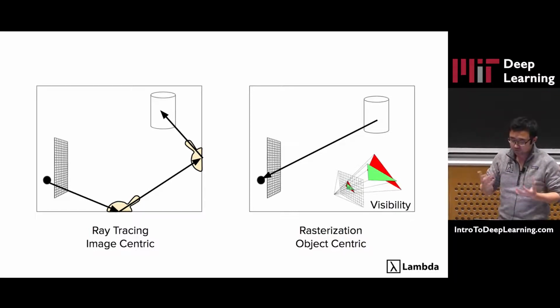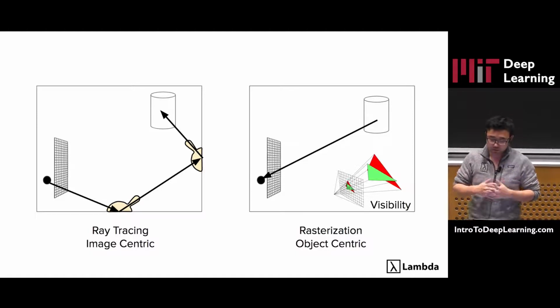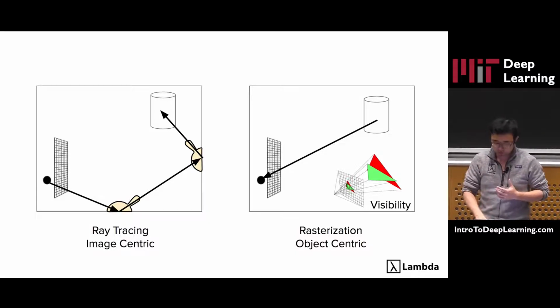And rasterization contains two main steps. The first step is, for every 3D primitive, you project the primitives to the 2D image plane and then impose them onto each other based on their distance to the image. In this way, the frontmost surface is always visible in the final rendering.